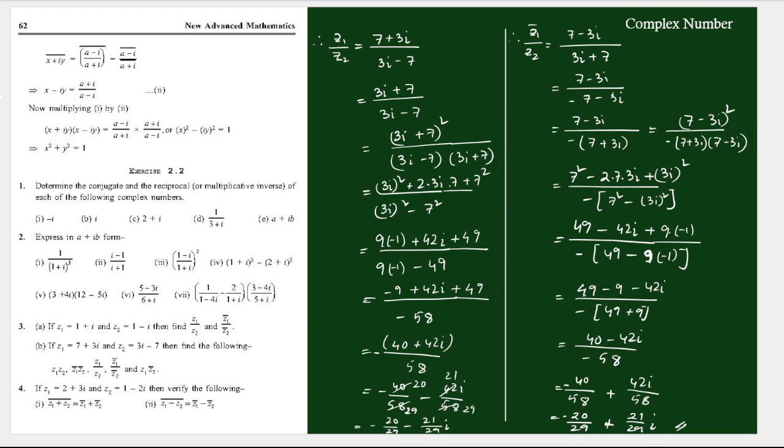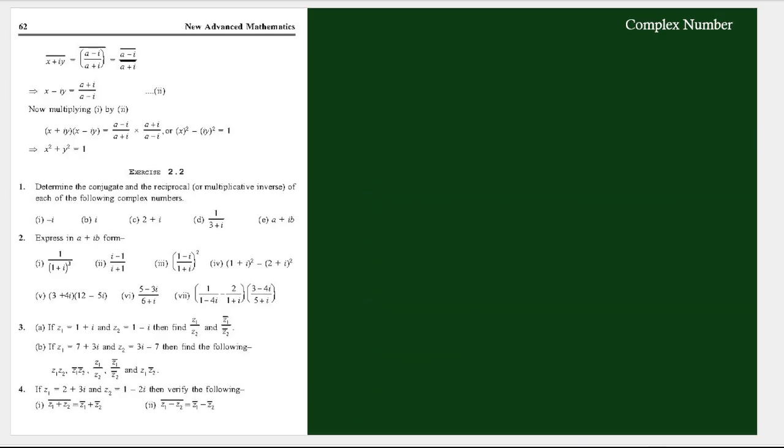Then now let's come to the last part, z1 into z2 conjugate. So z1 is how much? 7 plus 3i, and z2 is how much?